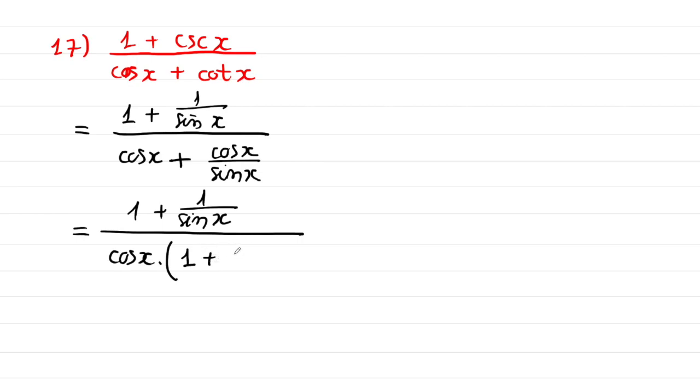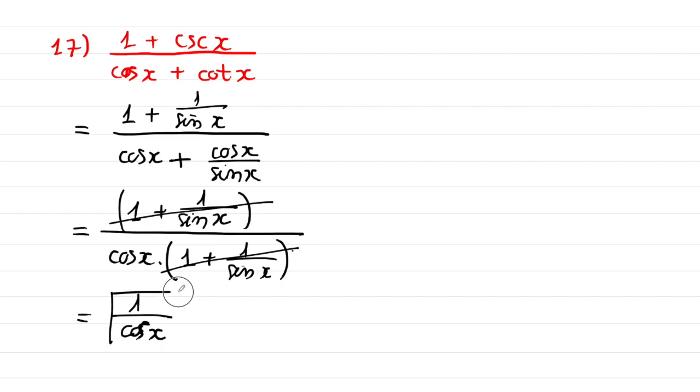Inside the bracket, you got 1 plus 1 over sine x. And this bracket and this bracket are the same. So you simplify it and write down the final answer is 1 over cos x like here. Okay, that's it.